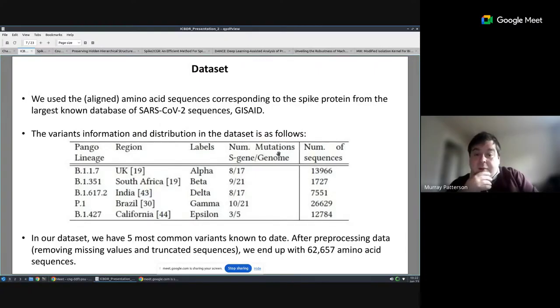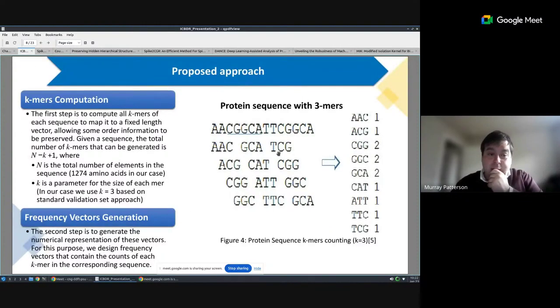With this representation, we took about 60,000 sequences, which is the data we had at the time. This is really the detail: we generated frequency vectors based on k equals 3.